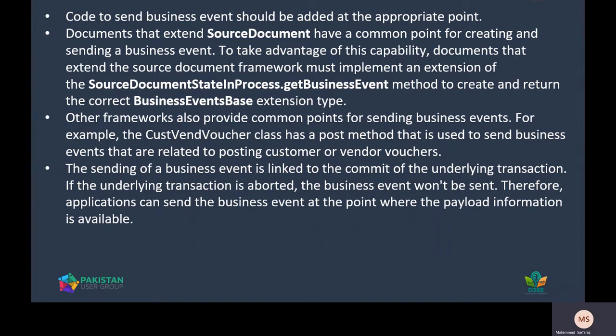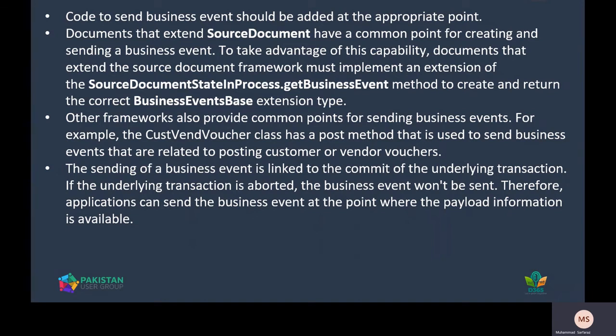Since a business event is linked to the commit of the underlying transaction, if the transaction is aborted, for example if you are posting an invoice and you incur some kind of error, then this event won't be sent out. That ensures the integrity of the framework, like I have talked about earlier in my session regarding the durability part.